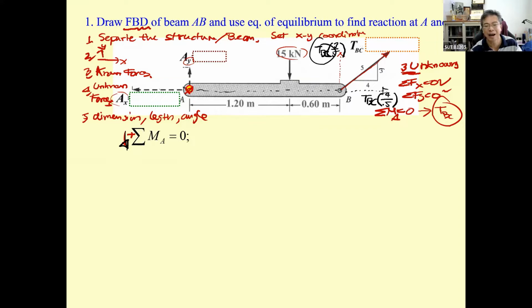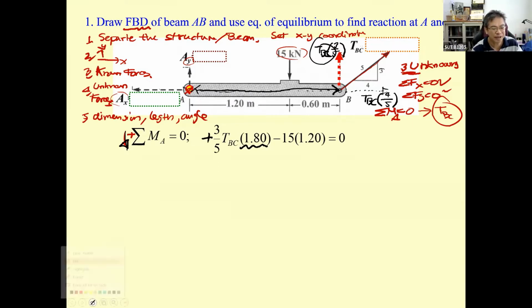We will use this one later. So by doing this, you got T sub BC times 3 over 5, and then you have this one as the moment arm. This is going to be 1.8 meters, and this is positive. And 15 kilonewton is going to provide the clockwise rotation.